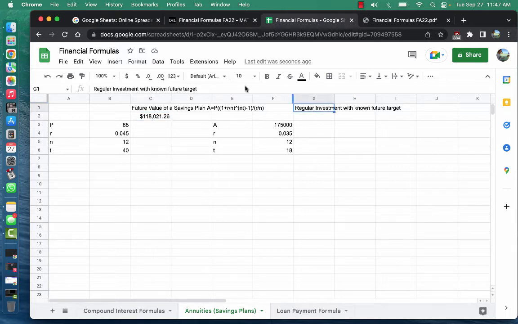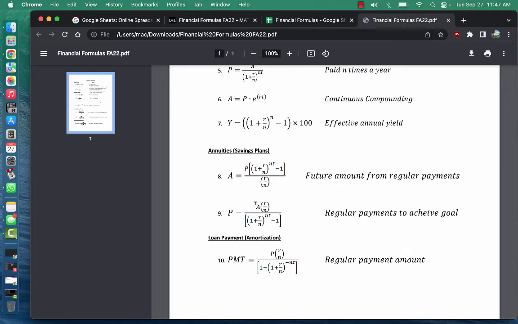Okay, then I'm going to also put in the formula here. You can fast forward through this if you like, but I'm just going to write it out so I can see it from the formula sheet. This is the regular investment. So P is, if we know the future value, what we want, a target amount, and we want to know what we would need to regularly save each month, this is what this formula is going to be.